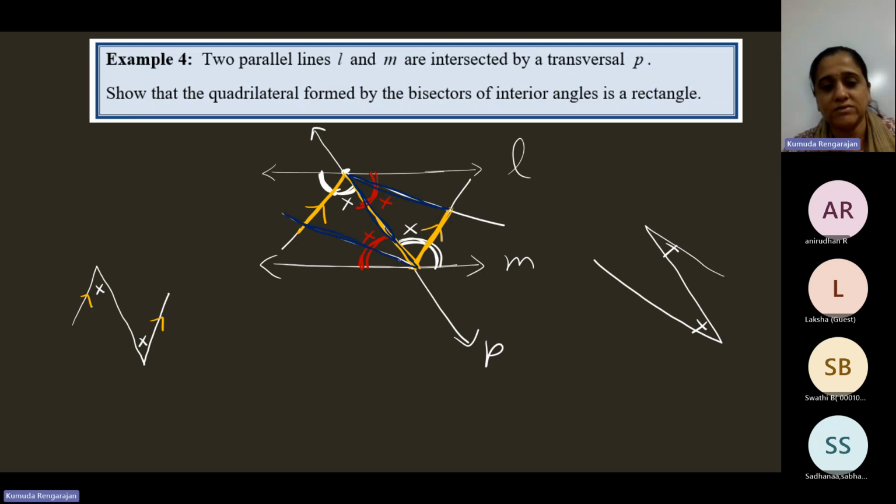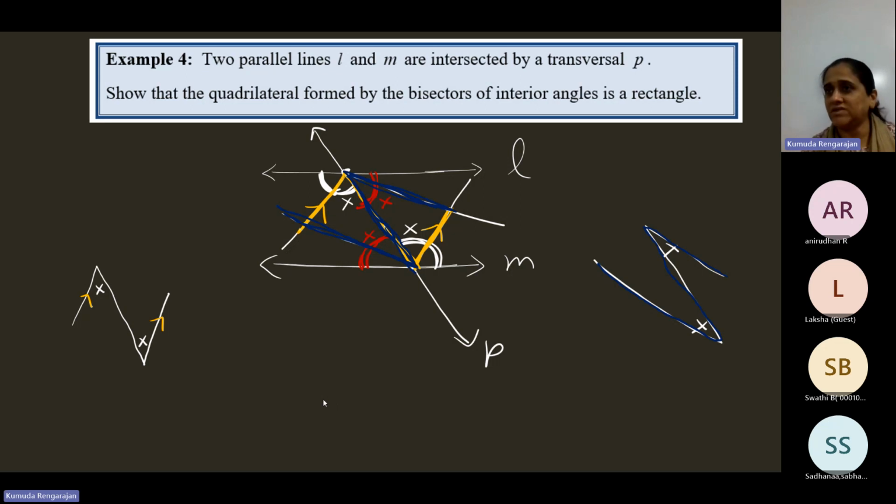Can you see the blue lines? The blue lines forming the Z. So this is the Z formed by the blue line. So one angle is equal to one angle, alternate angles are equal.